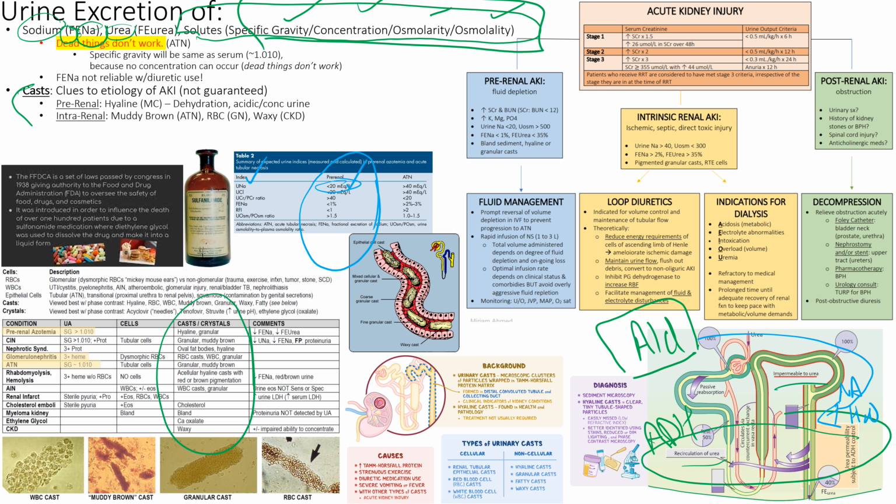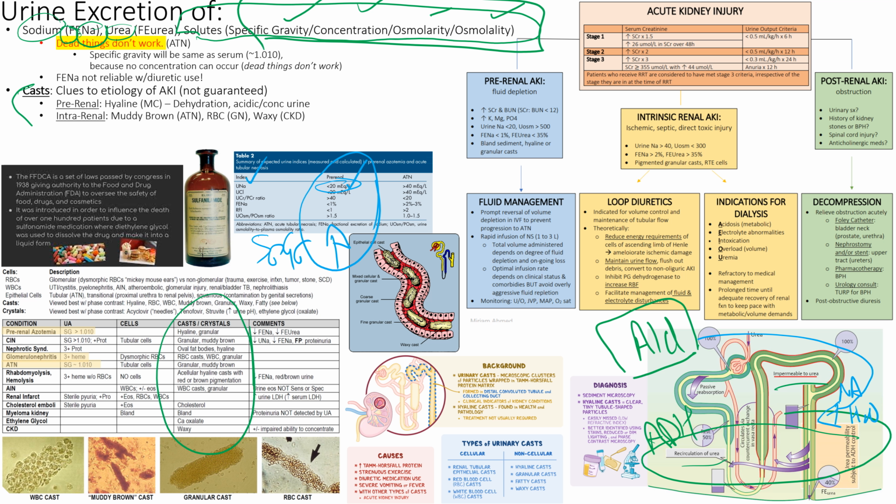Also low, right? So it took the water out of the urine, right? It made the urine dark, it made the urine concentrated, it made the urine have a high specific gravity, a high urine osm, a higher urine osmolarity, right? So you can see here the specific gravity is actually not there, but it's on a different table, sorry. But the urine spec grav, right? Specific gravity is also going to be high, right?